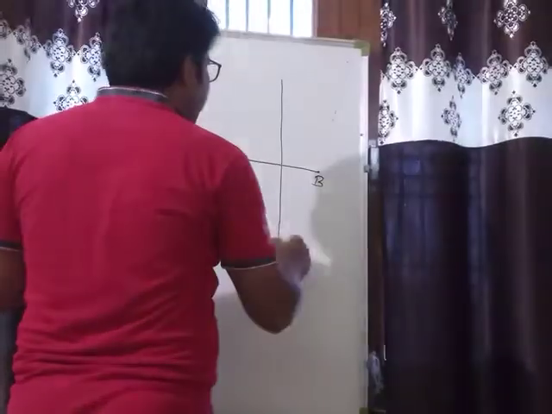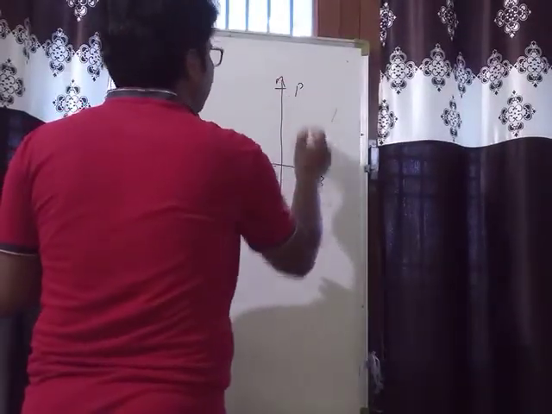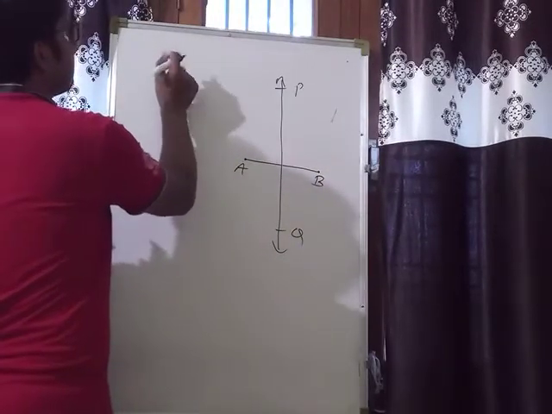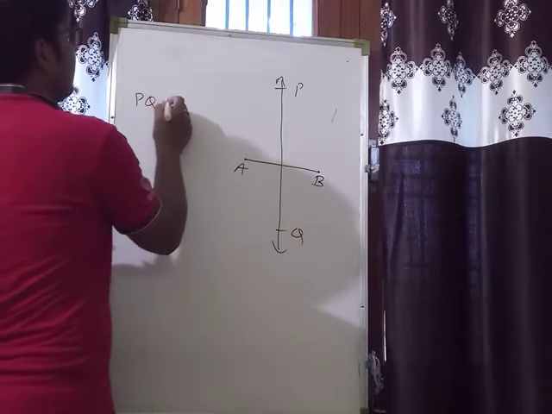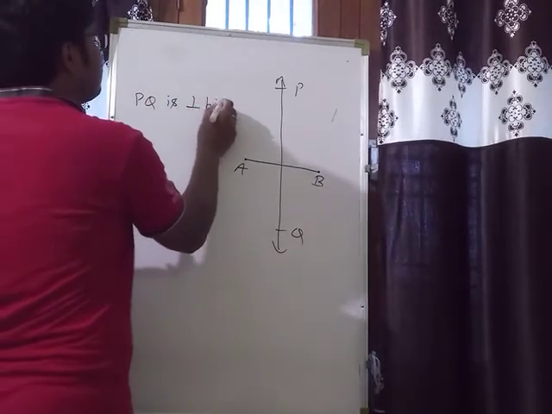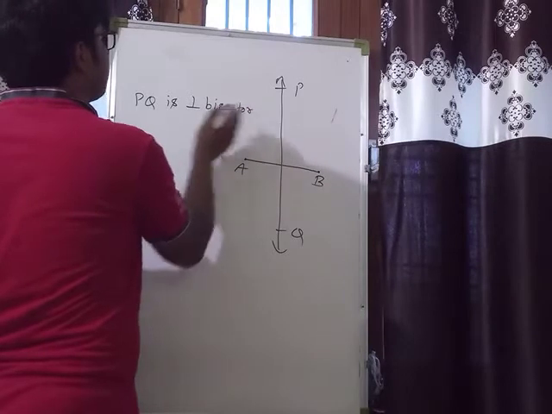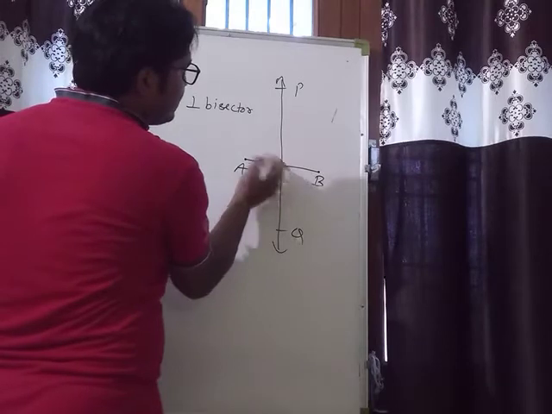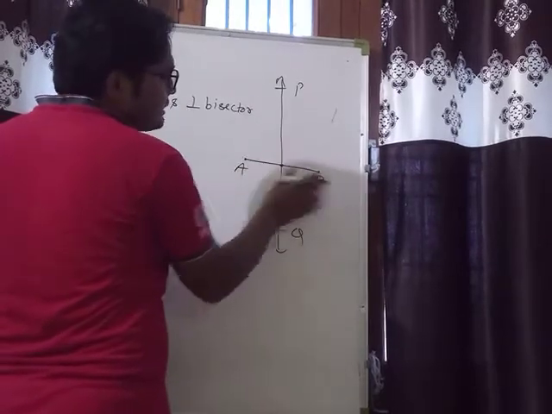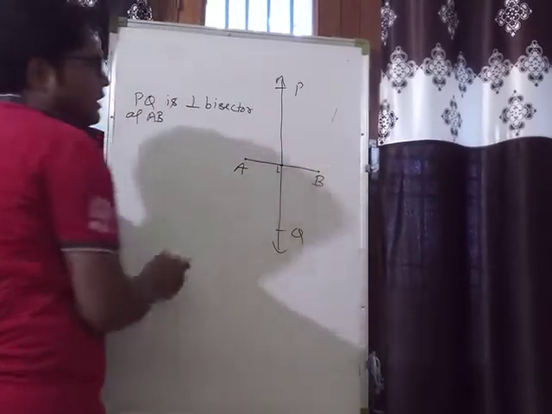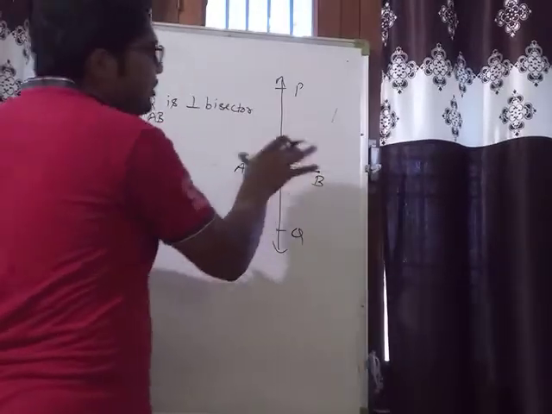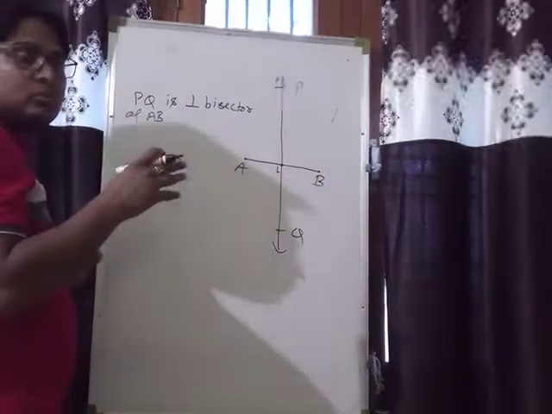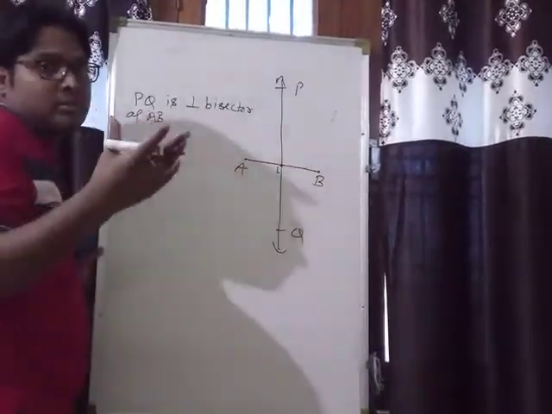Means if this line PQ is the perpendicular bisector of AB, then this point where PQ intersects AB, suppose this is L, will be midpoint of AB. Why? Because it is bisector. So PQ divides AB into two equal parts. Okay?